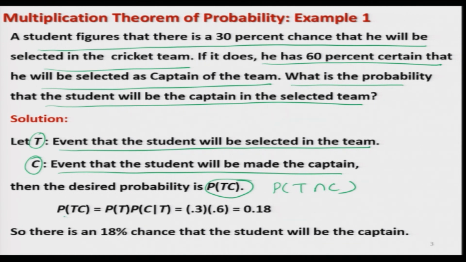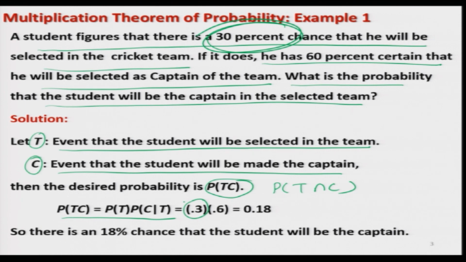Probability of T intersection C can be written as probability of T into probability of C conditioned on the event that the student is selected in the team. So, this will be probability of C given T, and now both these probabilities are known. The probability of getting selected into the team is just 30%, which is given here, so it is 0.3.